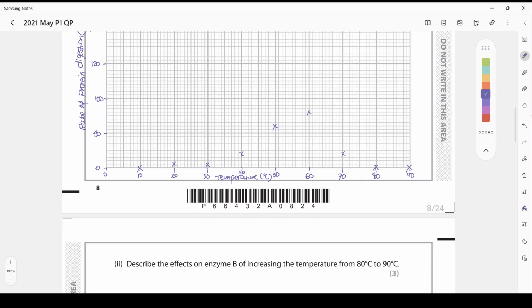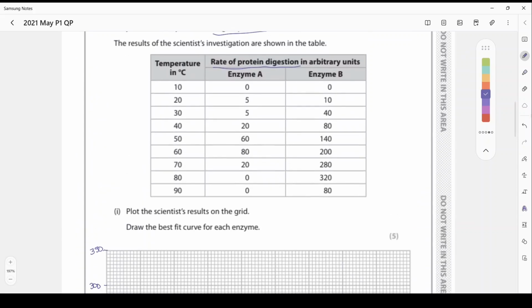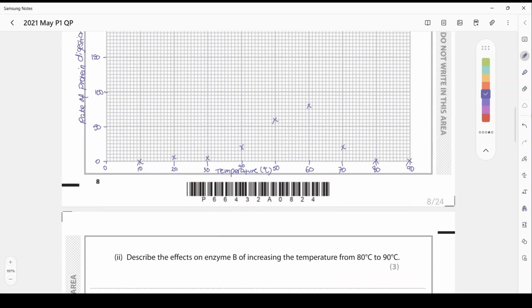All right, and then here it says draw the best fit curve for each enzyme. So I'm just going to draw the curve.